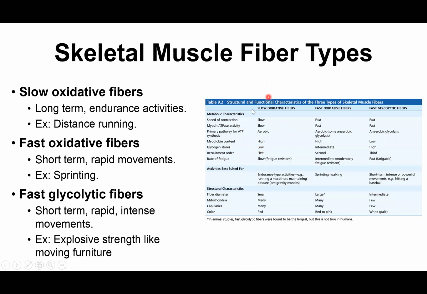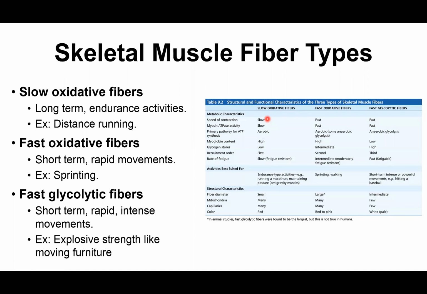These slow oxidative fibers are the first ones that are recruited. All right, and they fatigue the slowest. They are very fatigue resistant, which, as you can imagine, would be ideal for endurance type activities like marathon running or something simple like maintaining posture.